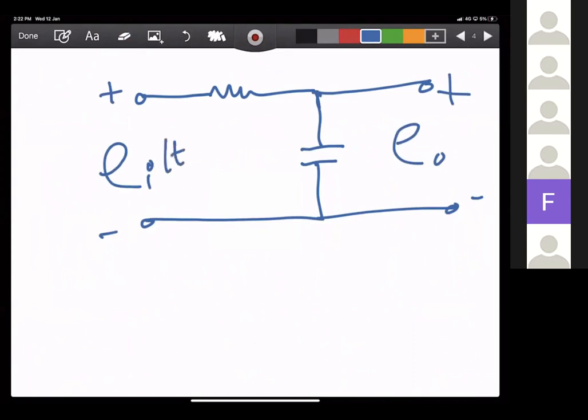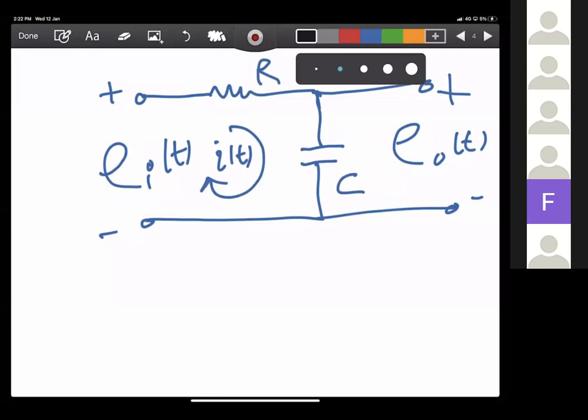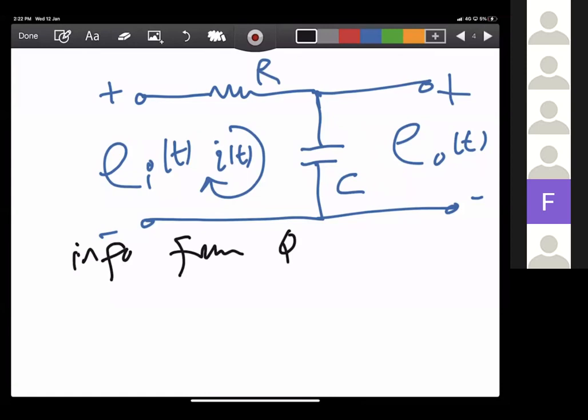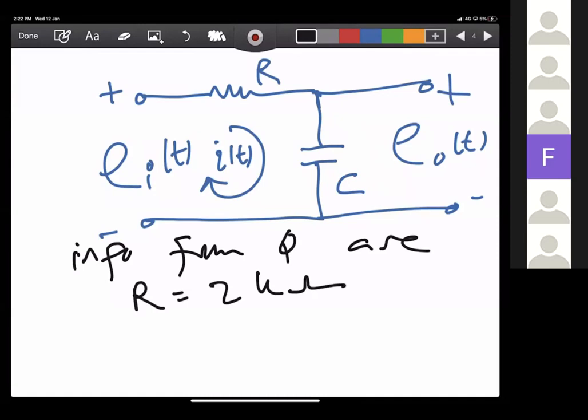Okay. So what is given in the circuit, in the question info? Zulfikar, what is R? Input: 5 volt. Right?